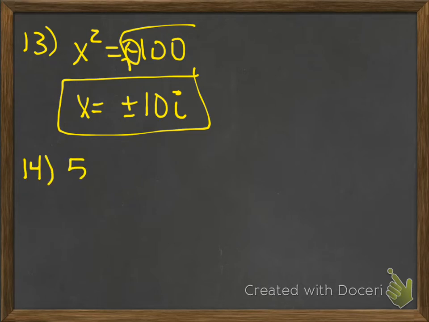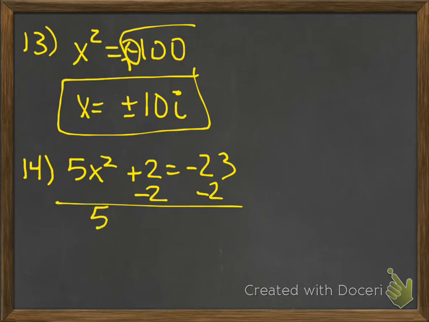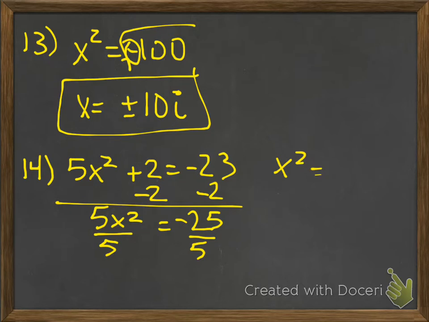14, 5x squared plus 2 is equal to negative 23. Subtract 2. 5x squared is equal to negative 25. Divide by 5. x squared is equal to negative 5.